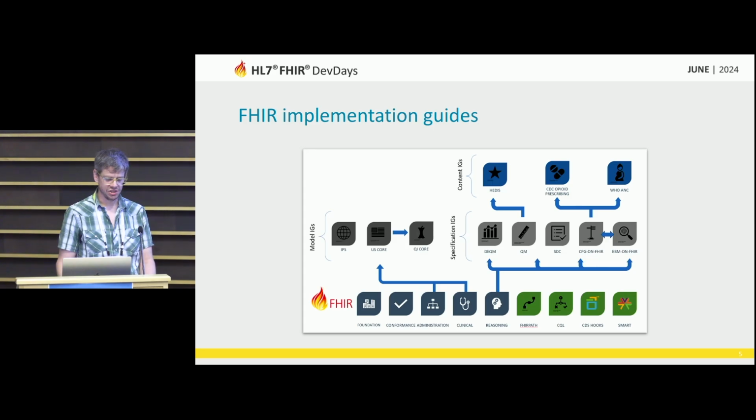There are model IGs, like the patient summary or US Core, QI-Core. There are specification IGs, like the structured data capture, CPG on FHIR, evidence-based medicine, and then we have content IGs in the top right, which is what we're going to be doing in the rest of this talk, effectively building on top of all of that to create the actual content. The case we're going through today is in oncology. It's a cancer use case of providing guidance.